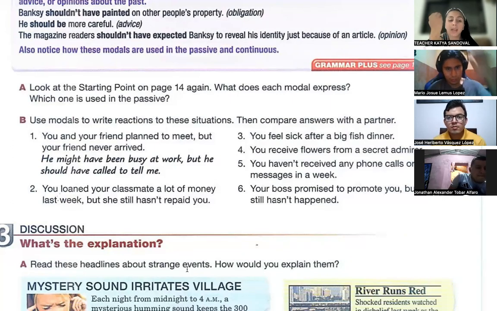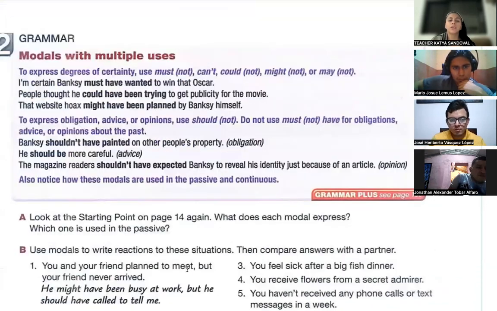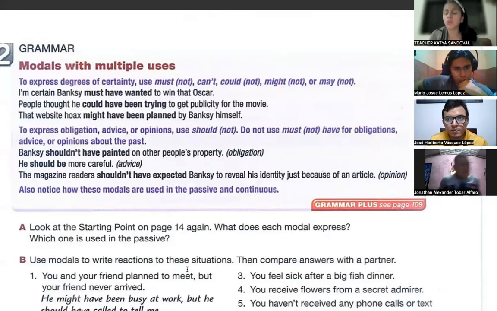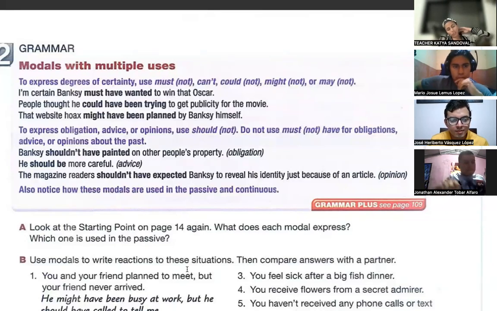So that's what we have to do, okay? I want you to write the reactions about this situation. Then we have, you loaned your classmate a lot of money last week, but she still hasn't repaid you, okay? That is a big problem. Can you please write a sentence using the modals? Do you understand what you have to do? Yes? Okay, so let's do it, please. Let's work on that.